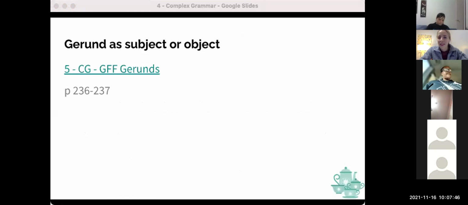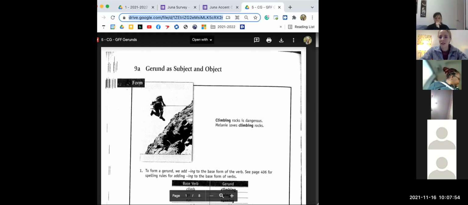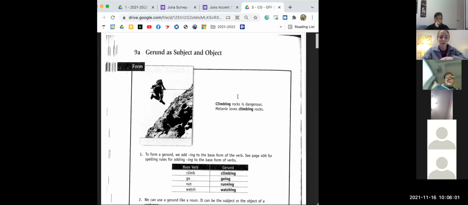But on its own, any verb with ing can be a gerund. I have a couple of pages here with some rules and explanations about gerunds, and then we'll do some practice together and then practice in our breakout rooms.